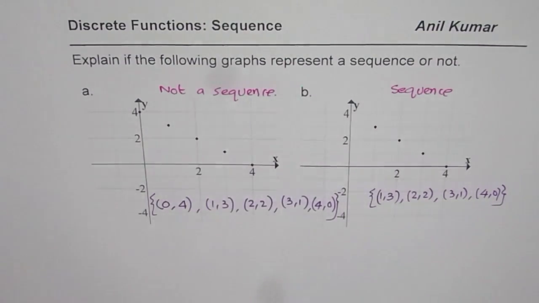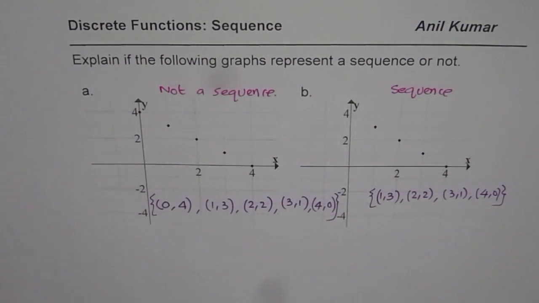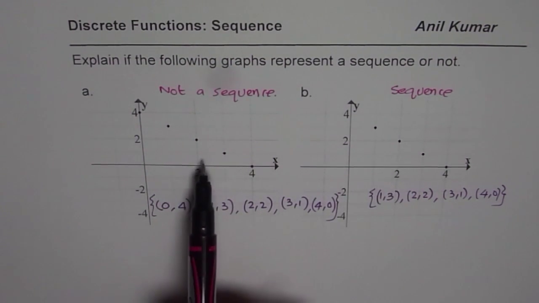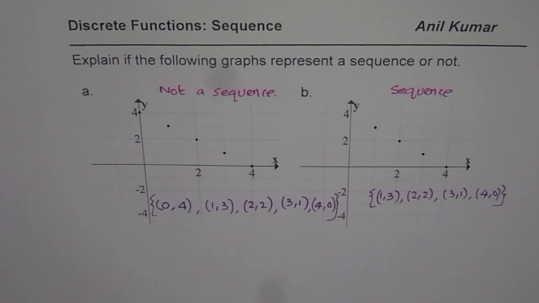Now, can you tell me why it is so? What makes this a sequence and not this? That is a very important question to answer, and then we will move on with sequences.